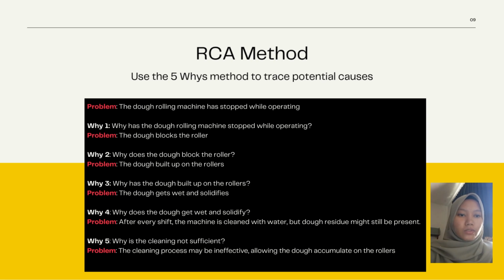Why has the dough built up on the rollers? Because the dough gets wet and solidifies. Fourth why. Why does the dough get wet and solidify? Because after every shift, the machine is cleaned with water, but dough residue might still be present. Fifth why. Why is the cleaning not sufficient? Because the cleaning process might not be effective, allowing the dough to accumulate on the rollers.